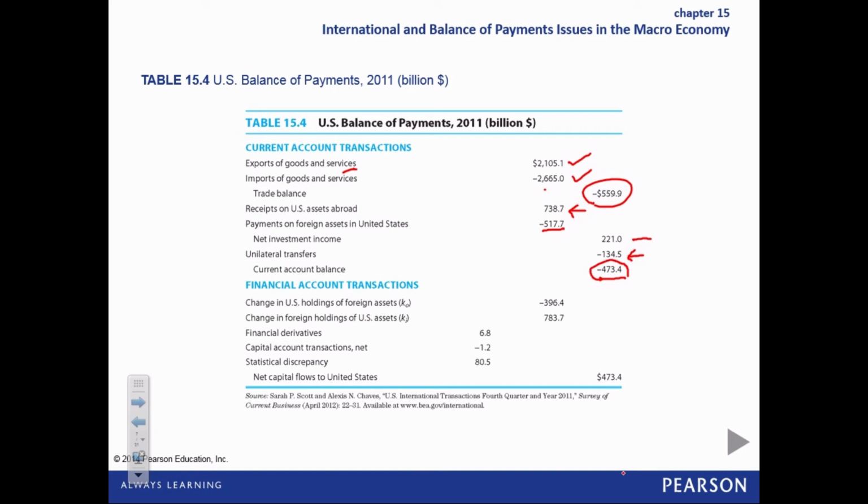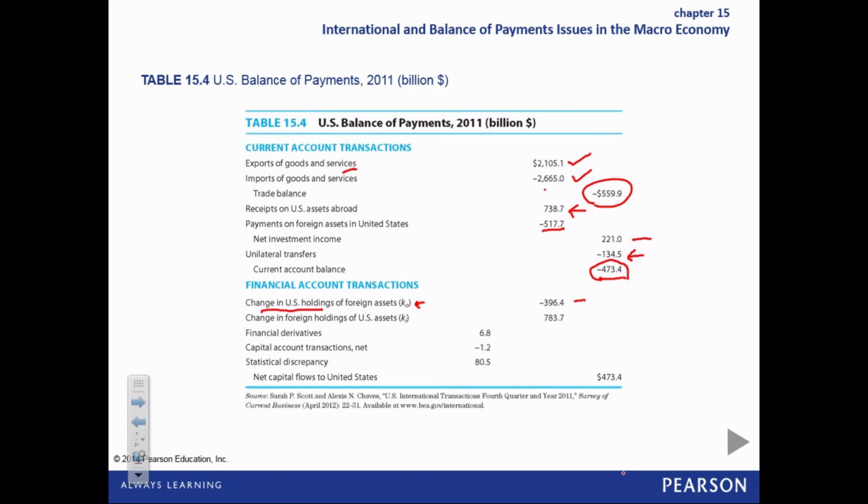Now this balance would be offset with the capital outflow and capital inflow, as I said before. So these are the changes, not the actual holdings. The change in U.S. holding of foreign assets, which is capital outflow, is minus that much, right? We are holding less.